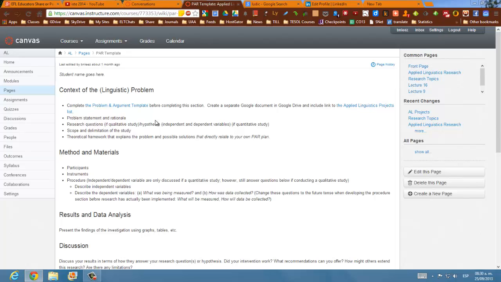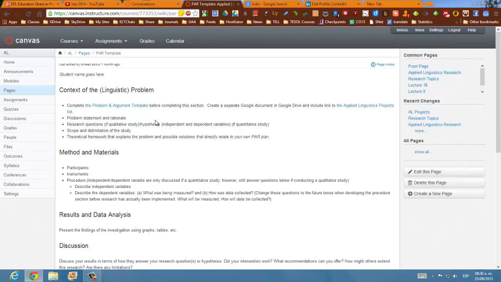So let's assume that the problem is that your students are having a problem with retaining some of the new words and phrases that they learn in class, and you want to try out some sort of game activity in your class to see how you can incorporate games and vocabulary. Then this might be the basis for the rest of this section, or the body paragraph.